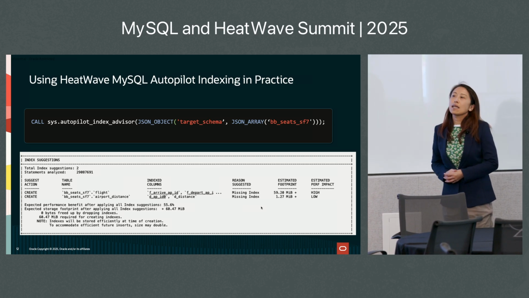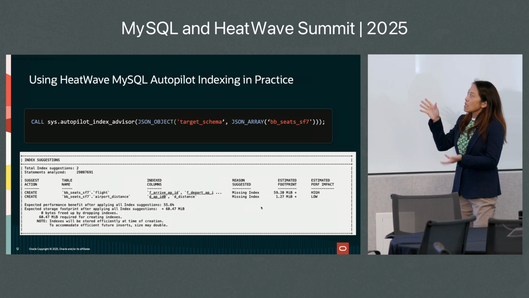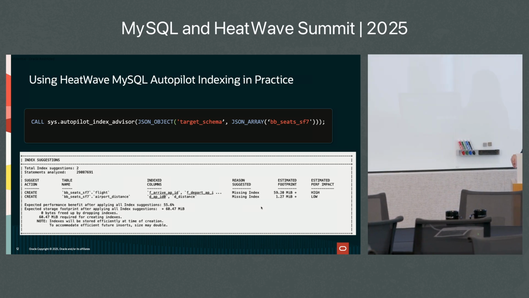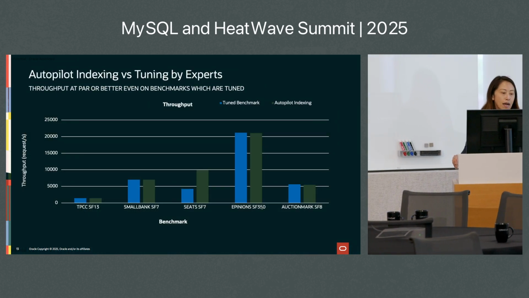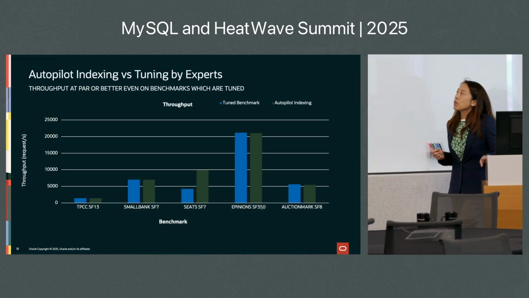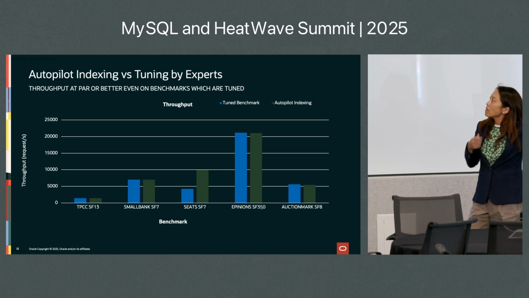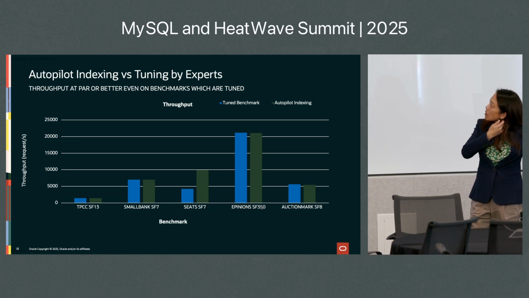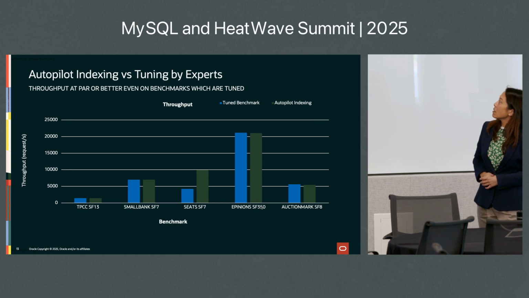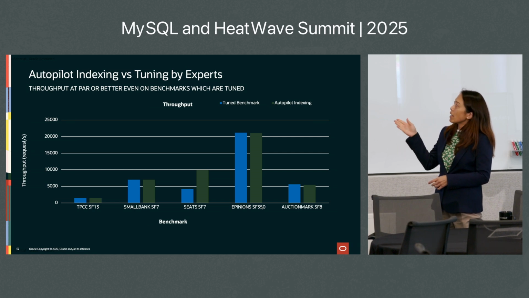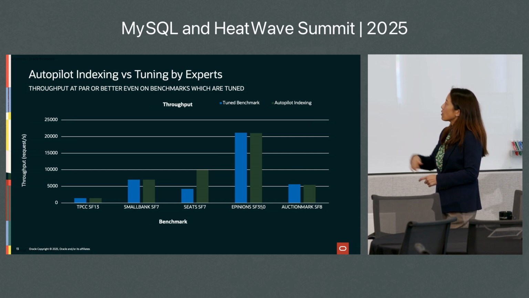So you can decide which ones you want to add from the suggestions. And from our internal testing, when we compare to a human-adjusted workload through secondary indexes, we can see that we are very close, and sometimes we are actually providing better throughput as well, the one in the middle.